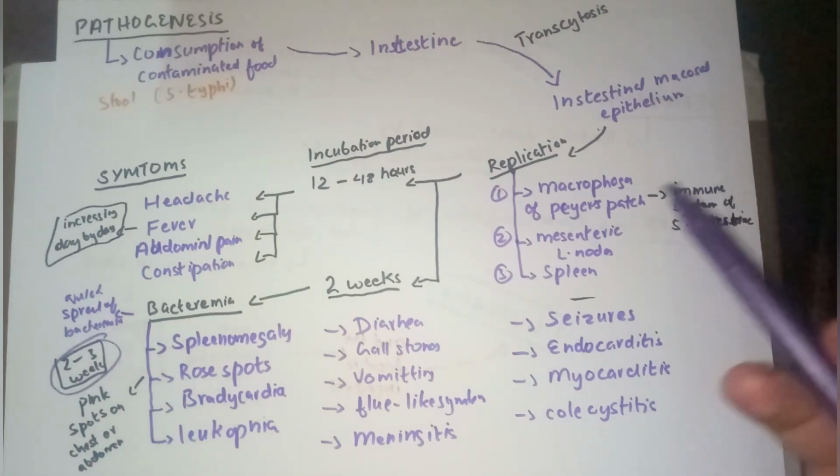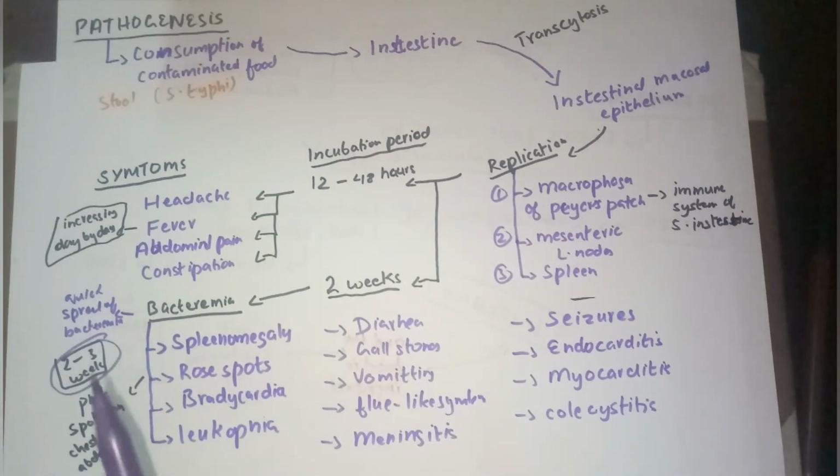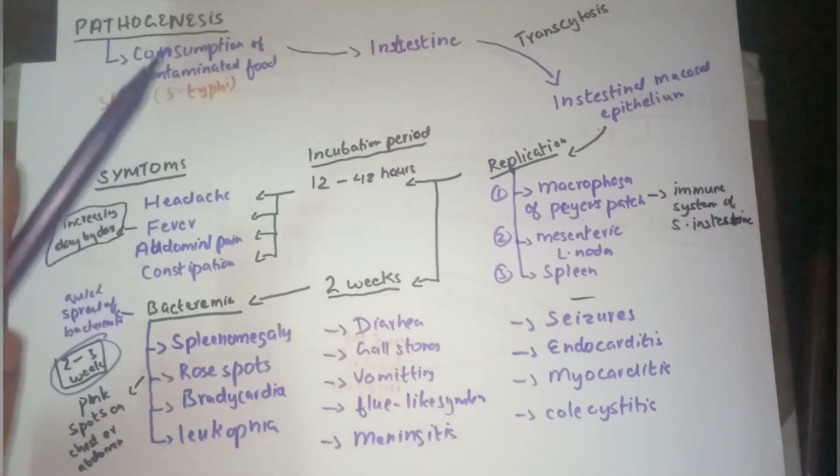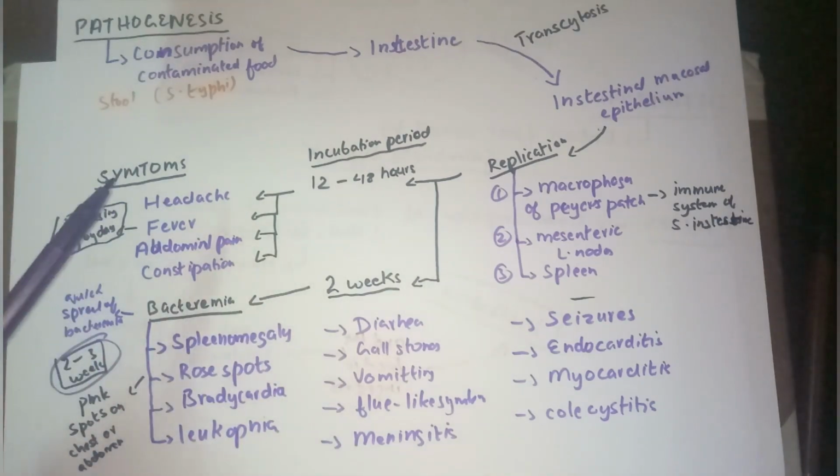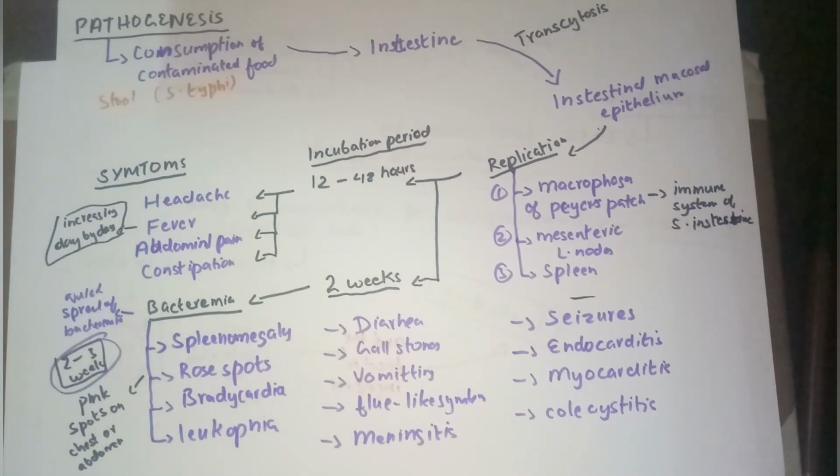And when someone comes to you, he will say, I had consumption of food maybe 5 days ago, and from when I woke up the next morning I was having fever. Then what does it mean? The problem is due to the consumption of the food, and he will have headache, abdominal pain, and constipation. Then this must make you think that it is typhoid, because these are the symptoms of enteric fever. So you must check whether it is typhoid or not.